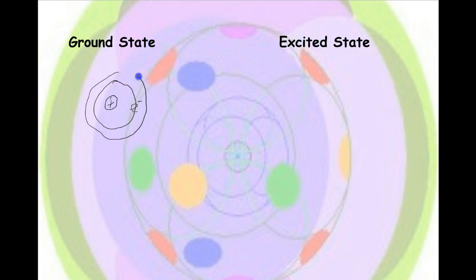Another thing Niels Bohr found is that electrons are located in orbits, these circular paths around the nucleus. Now let's say we're adding some energy to the system.